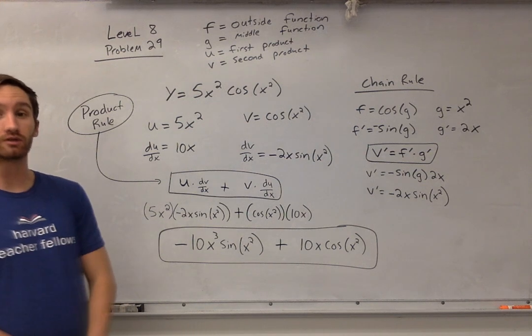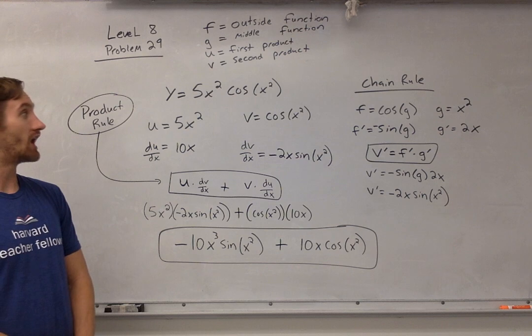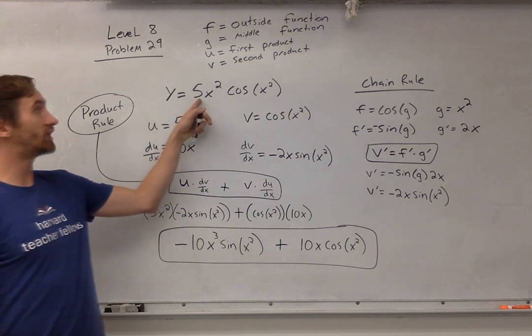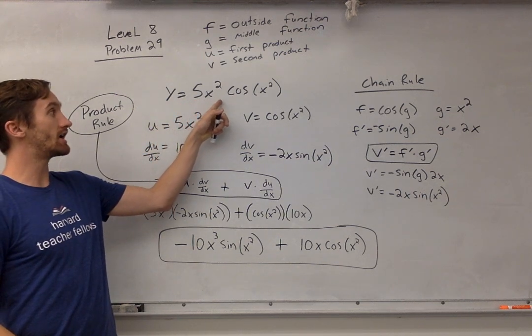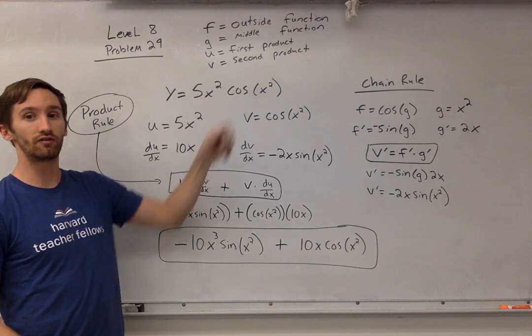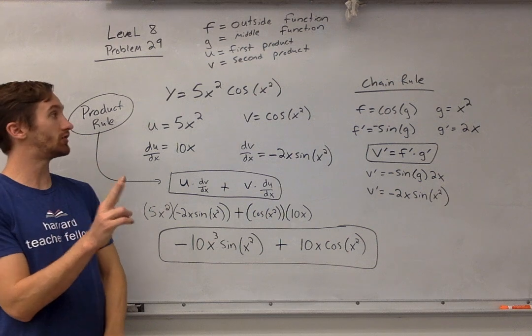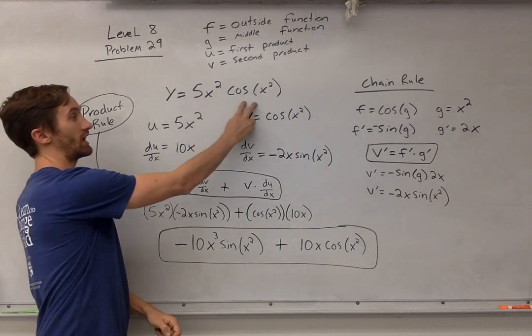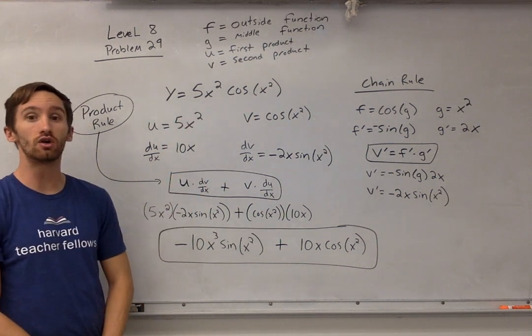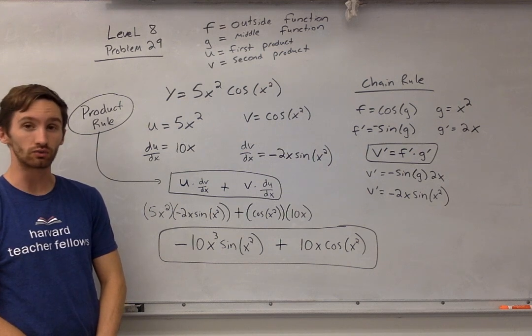Here's where things get really tricky because we've got y equals 5x squared times cosine of x squared. So immediately I see two functions multiplied by each other, and I know we have to use product rule.